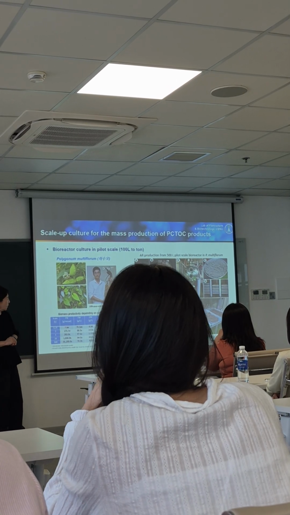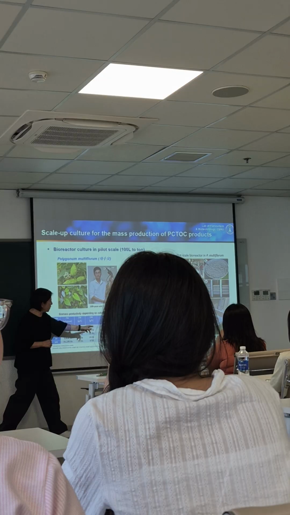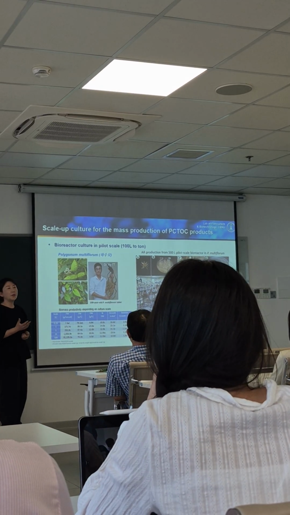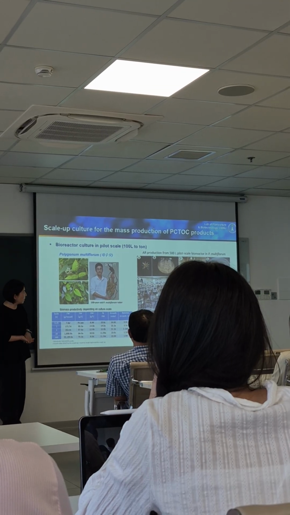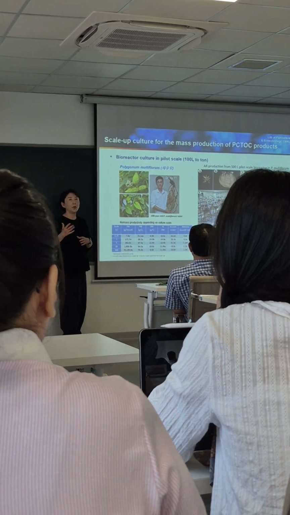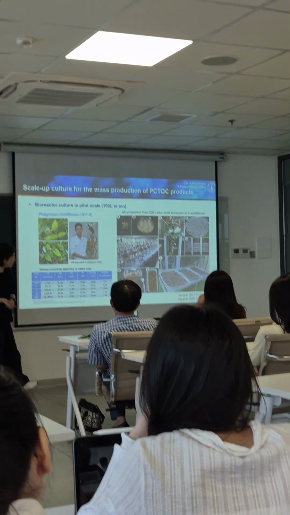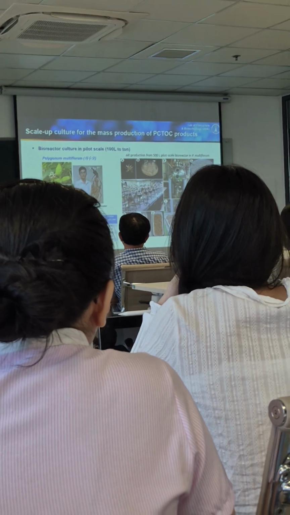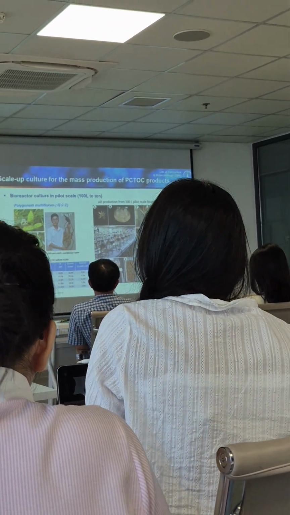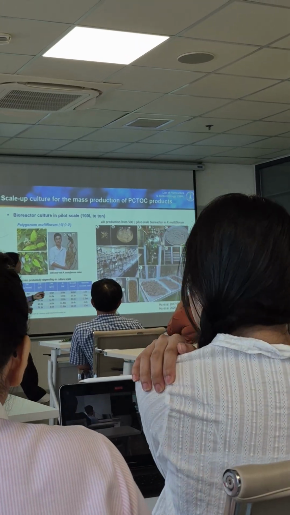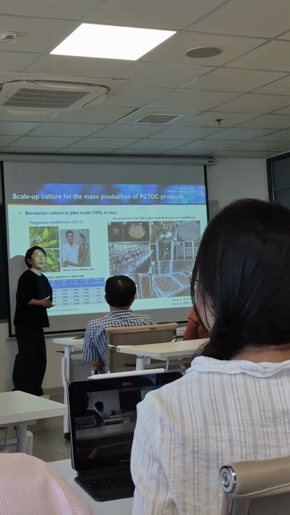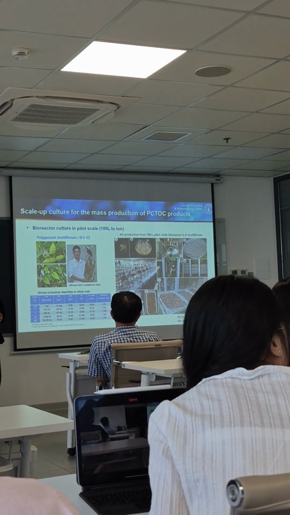If you see the growth index, the 3 liter bioreactor produced maximum biomass. If we increase the volume, like to 500 liter, then the growth index slowly decreases because of gravity and air curing stress. Dr. Hotanta published many publications before he graduated.